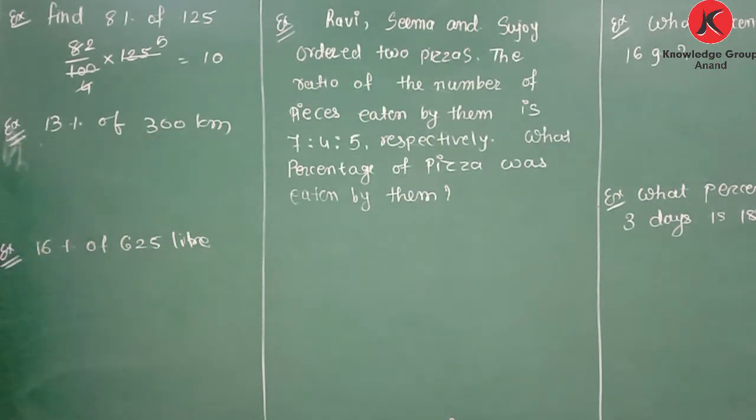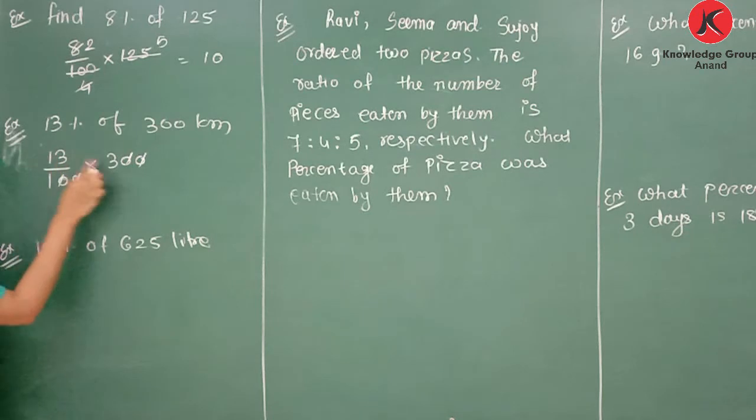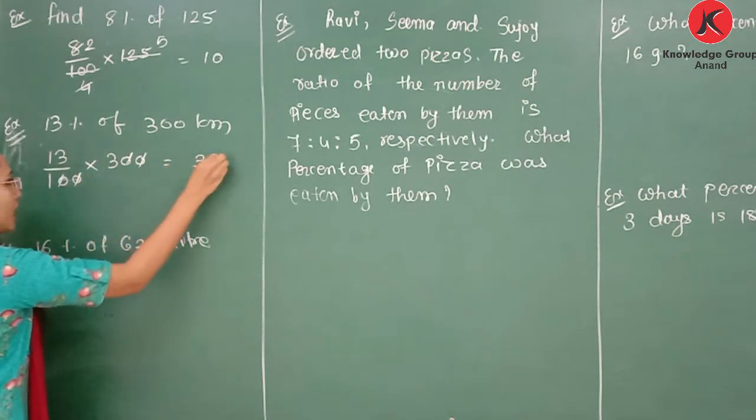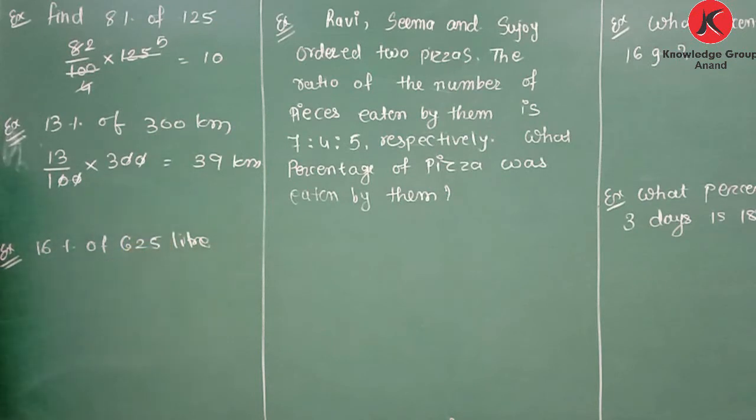13% of 300 kilometers. So we can write 13 by 100, that is 13%, multiply 300. 2 0s will be cancelled. 13 3s are 39 kilometers. So 13% of 300 kilometers is 39 kilometers. Now next one, 16% of 625 liters.